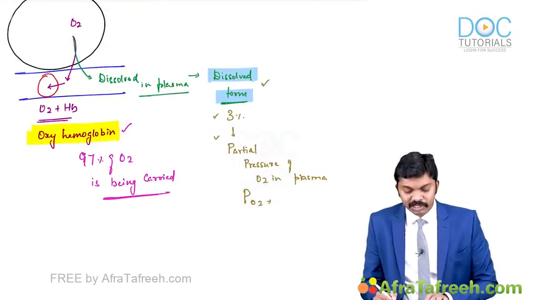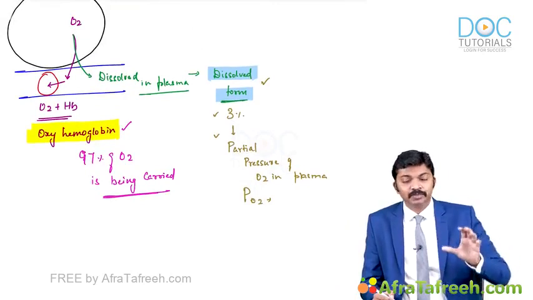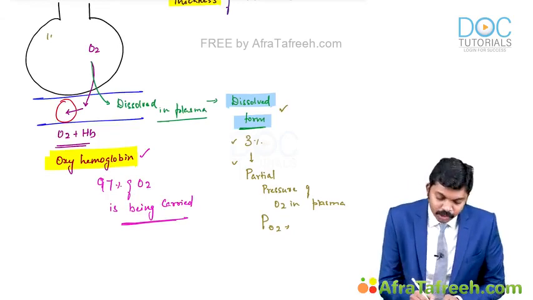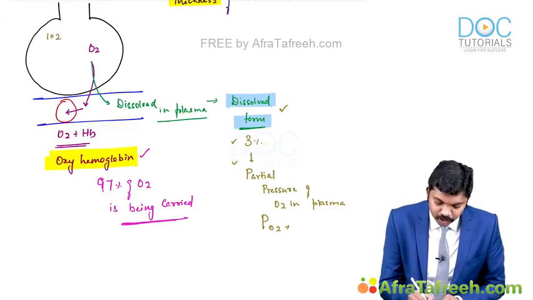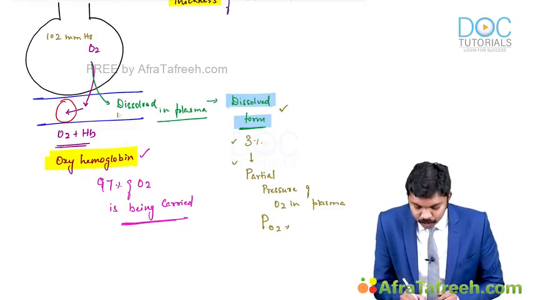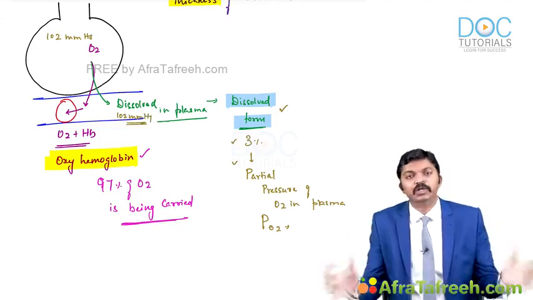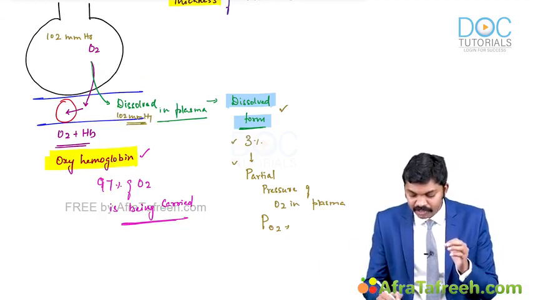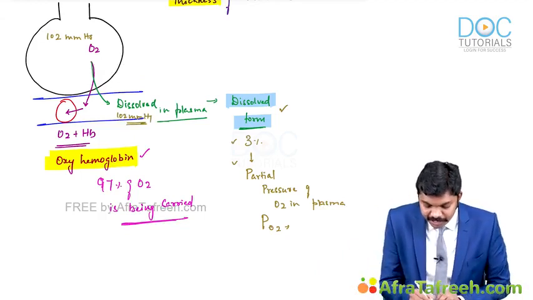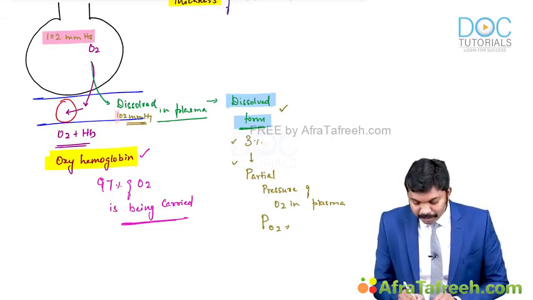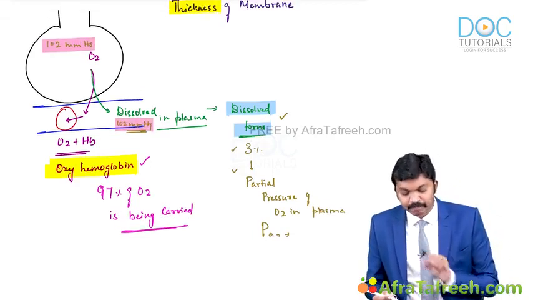This PO2 is the reason the oxygen transport from the alveolus to the plasma stops. As I told you, you have a partial pressure of oxygen of 102 millimeters of mercury. By the time it comes to 102 millimeters of mercury in plasma, the pressure gradient is lost. It gets equalized: 102 of PO2 in the alveolus, 102 millimeters of mercury PO2 in the pulmonary capillary.